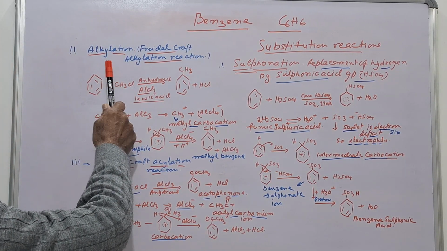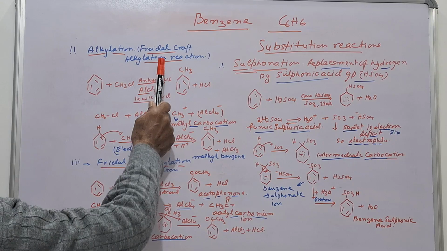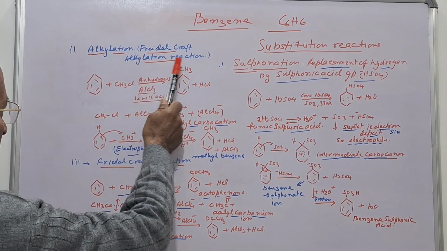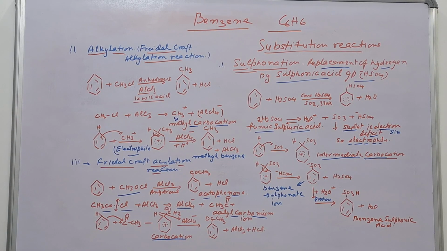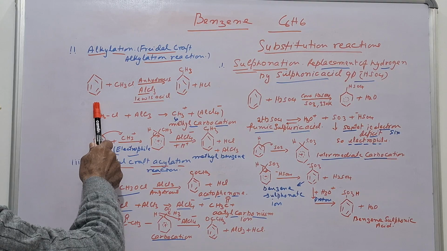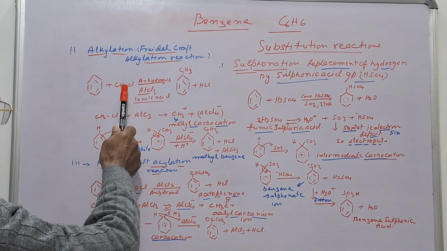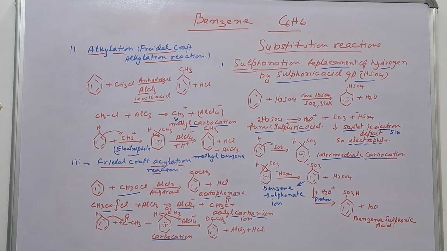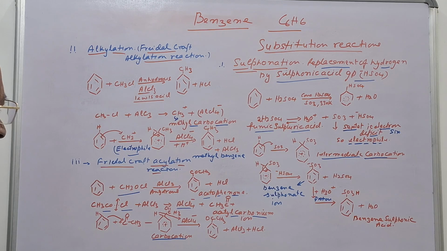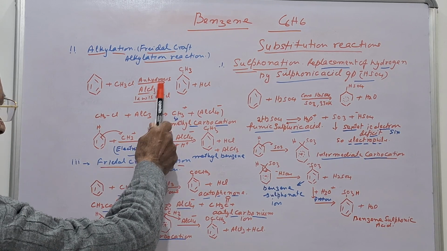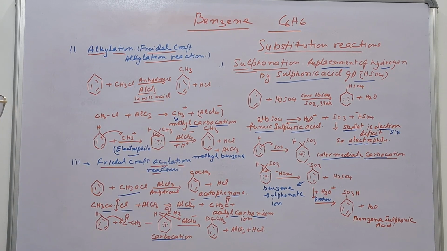Now I will explain next alkylation, that is the Friedel-Crafts alkylation reaction. Here benzene reacts with methyl chloride, that is an alkyl halide, in the presence of anhydrous aluminum chloride.